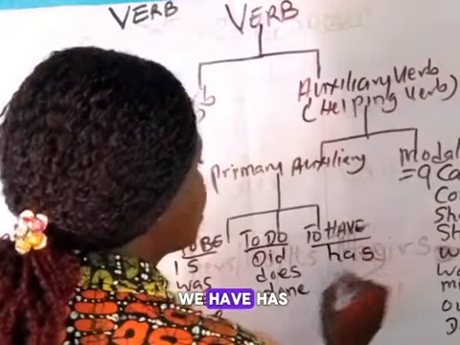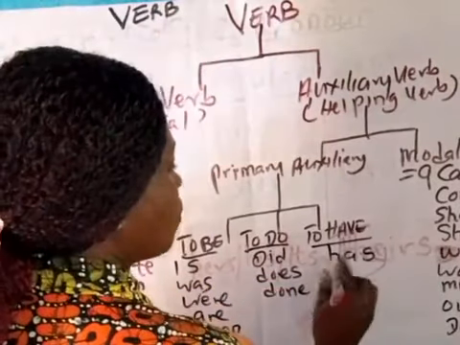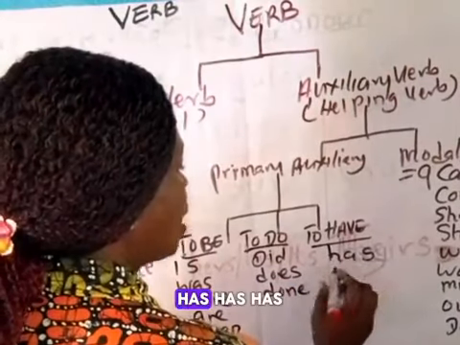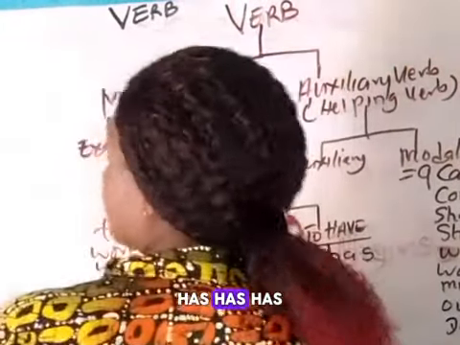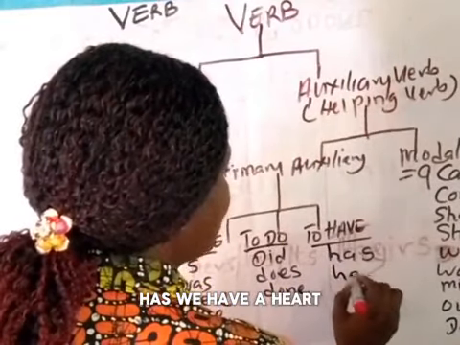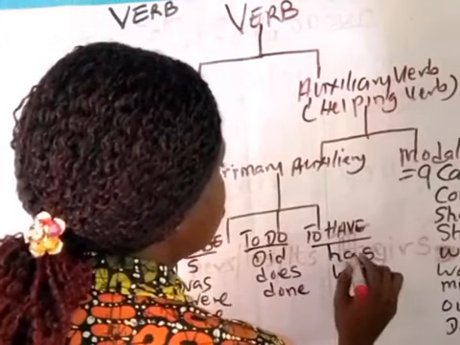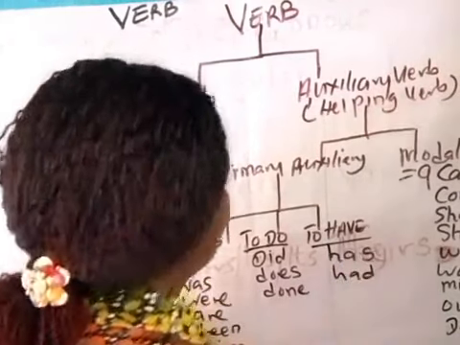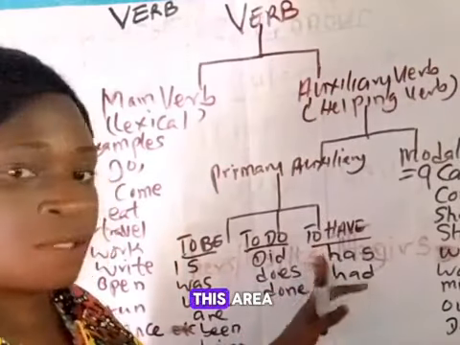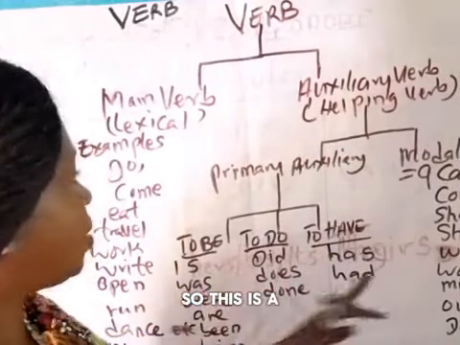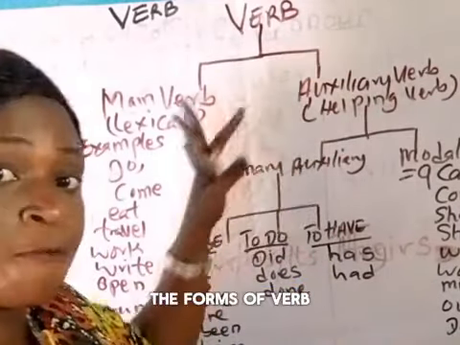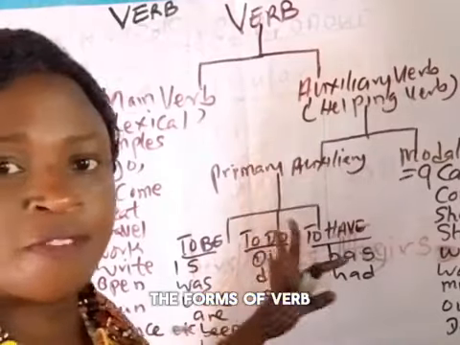We have has, simple present, and we have had. Okay, those are the three we have under this area. So this is a typical verb tree on the forms of verb.